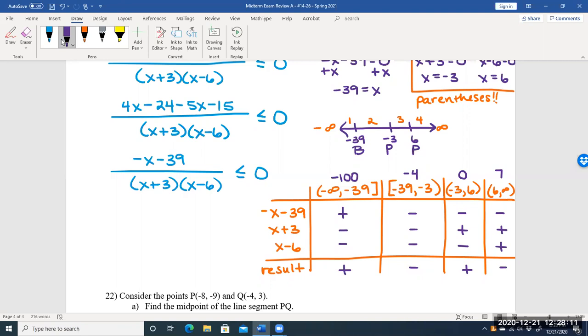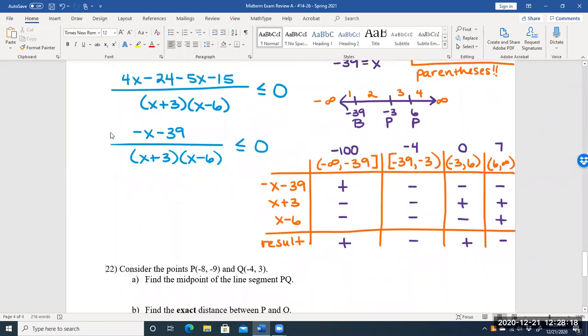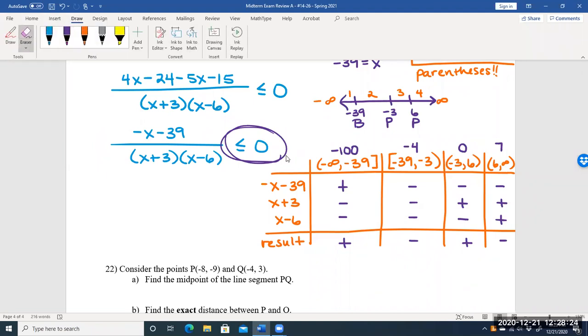All right, and then we are looking for the negatives this time because we want this to be less than or equal to 0. And so we are looking for the negatives down here at the bottom.